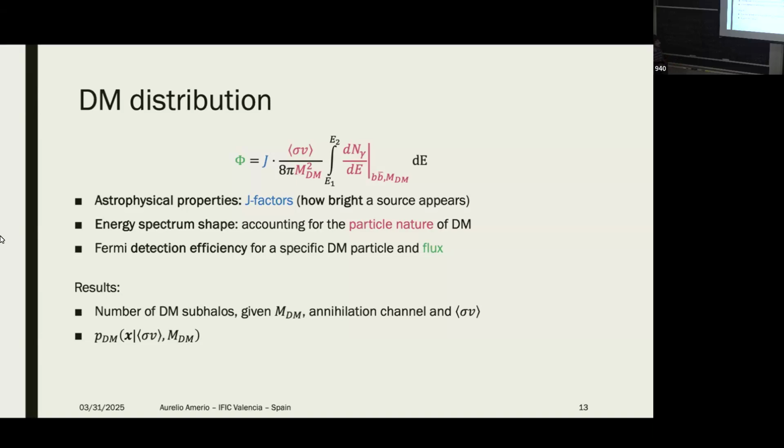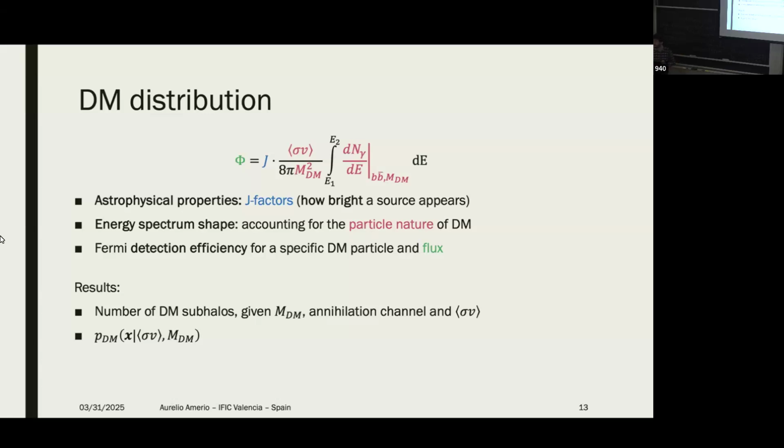In this pilot work, we use the b-bbar annihilation channel, and given also the annihilation cross-section of dark matter. So given these three parameters, I obtain the number of dark matter subhalos that I expect to observe in the sky and that I expect Fermi to be able to measure. And furthermore, I obtain the probability distribution function of the energy spectrum. So the same probability that I obtained previously for the associated sources, but for dark matter.